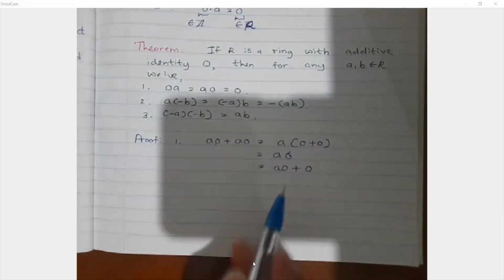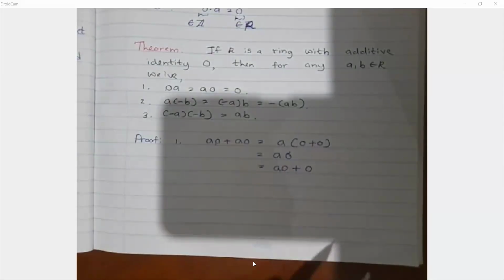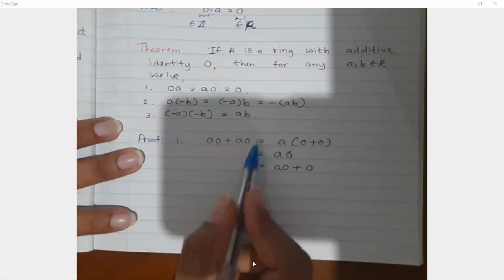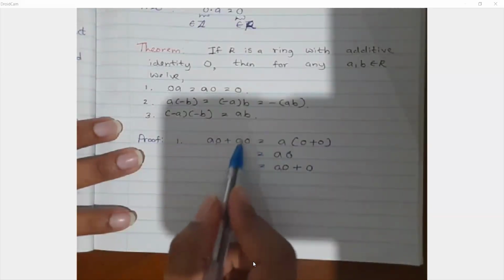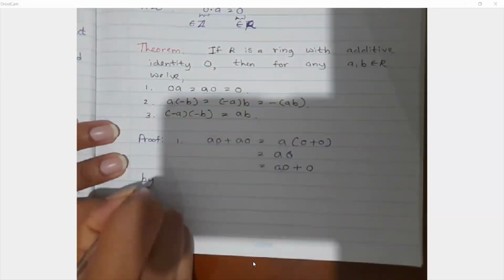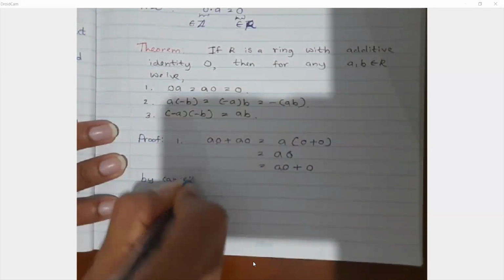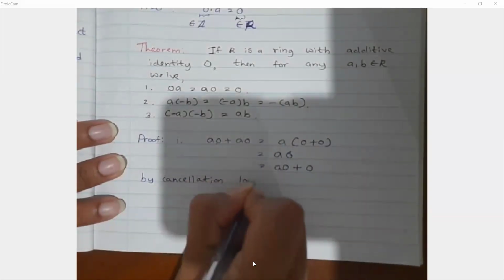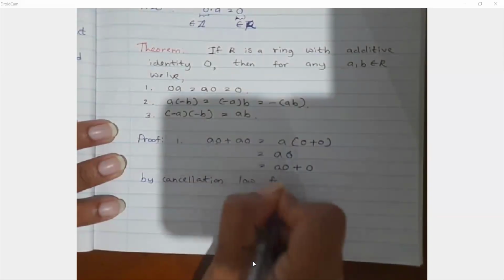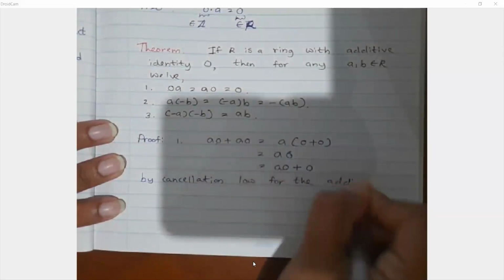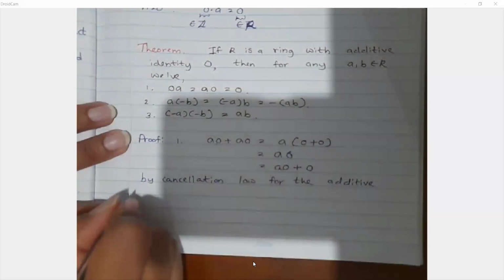see that A0 becomes 0. Yes, we are simply applying the additive inverse of A0, that is negative A0, on both sides by the cancellation law for the additive group.